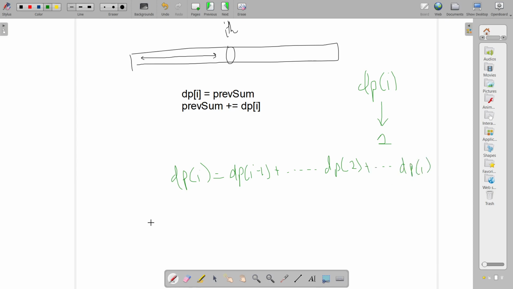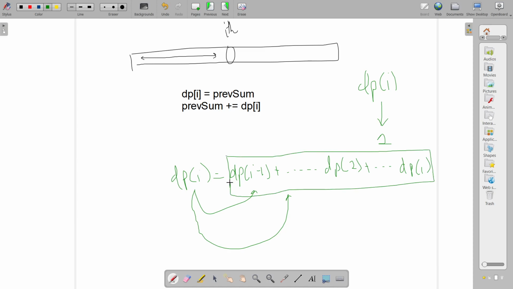The idea is that from the ith element you can go to the i minus 1th element, and you know the number of ways to reach the first element from there. Or you can subtract 2, since you can go to any element less than i. So you would take a summation of all the previous values.